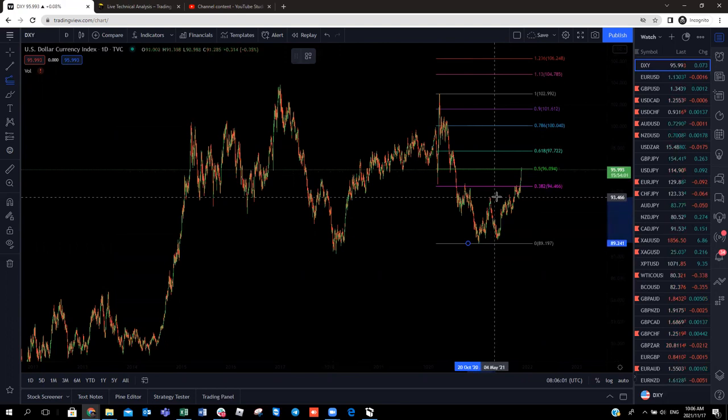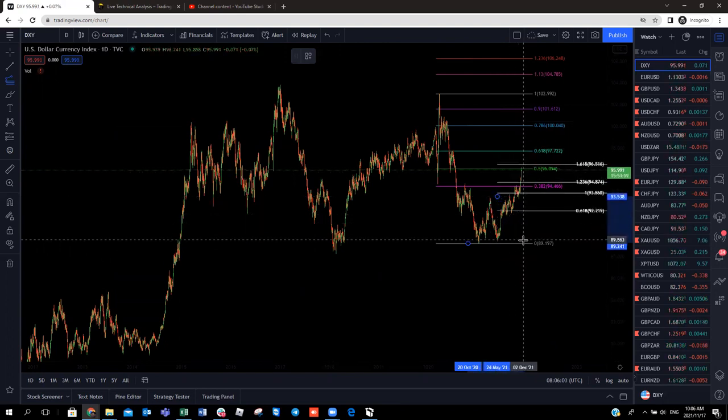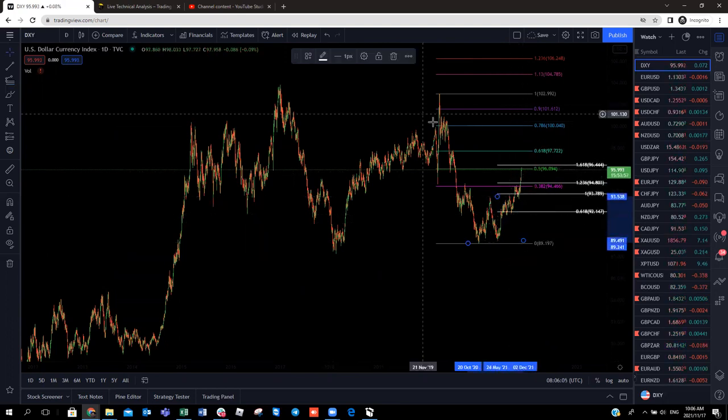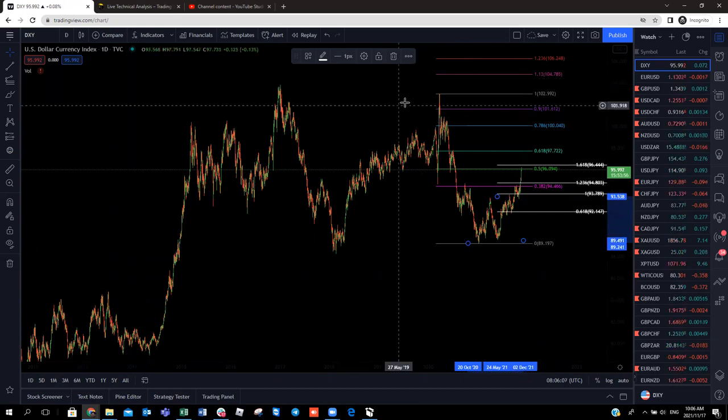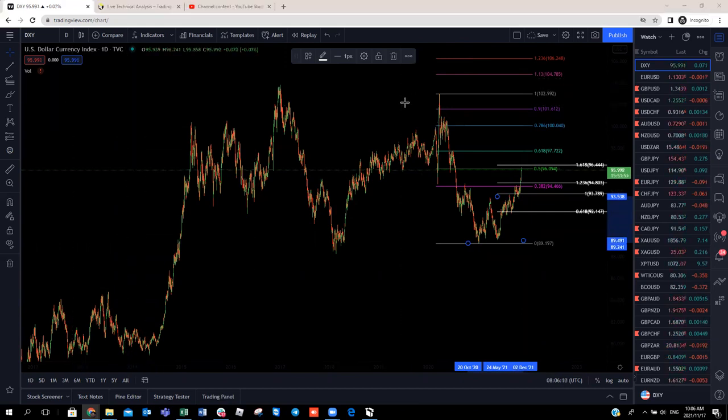So this has also gone above the blue box and very close to the invalidation level, which is now here. That is the invalidation at 96.44. You can see that we are just 0.44 points from that invalidation level. So we're going to invalidate that structure on both the euro and the DXY.